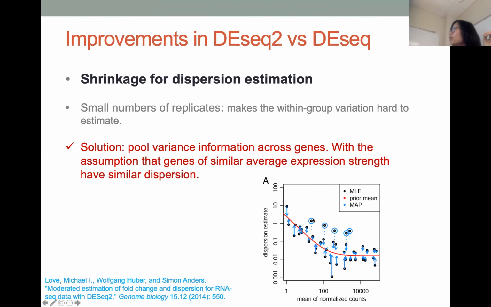Originally, they used a maximum likelihood estimation method to do the dispersion estimation, and they found the variation they estimated is usually very large. So they shrink this estimation using a Bayesian modeling method, which basically shrinks the variation. It could increase the power.